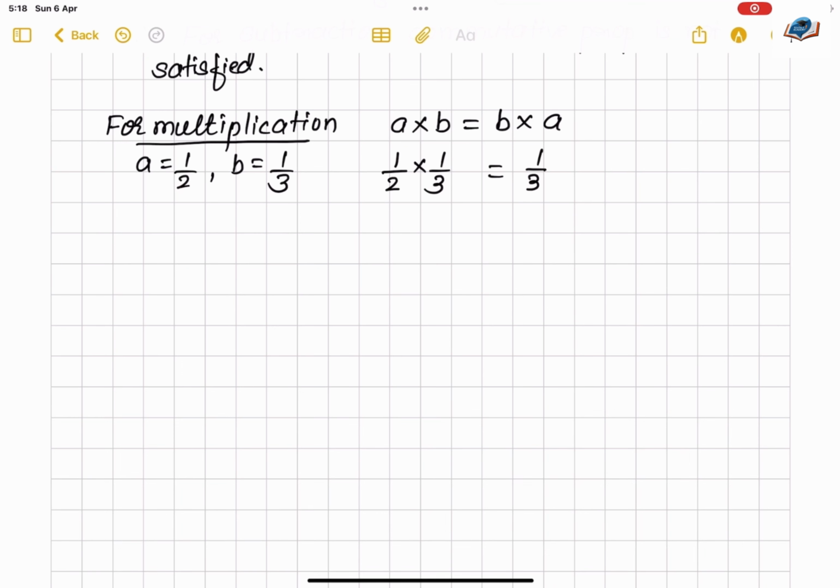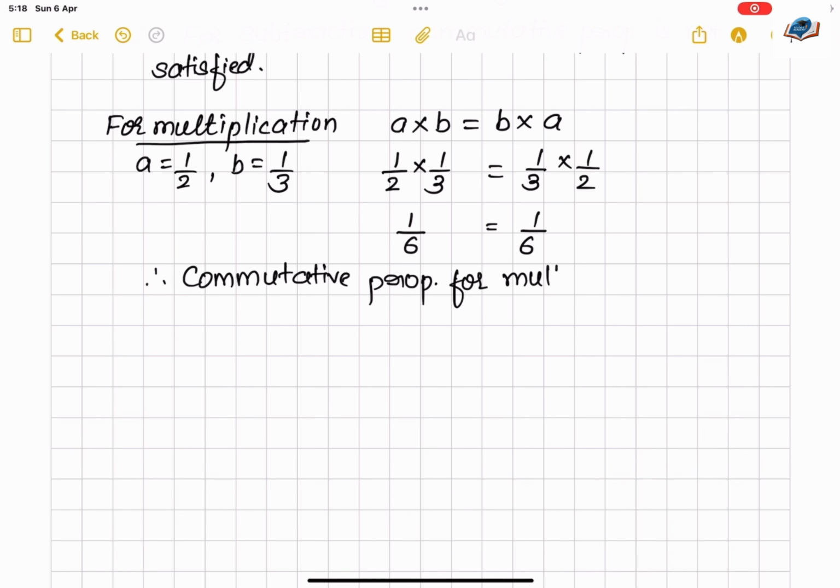So this will be 1 upon 6 and this also will be 1 upon 6. So they are equal. So commutative property for multiplication is satisfied.